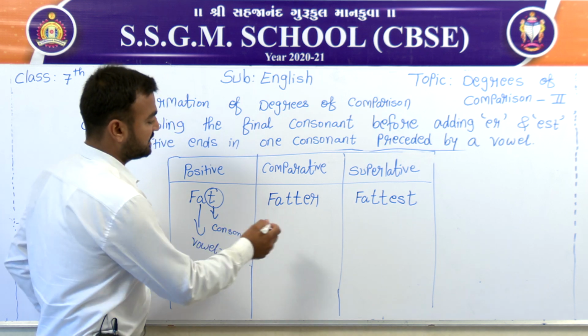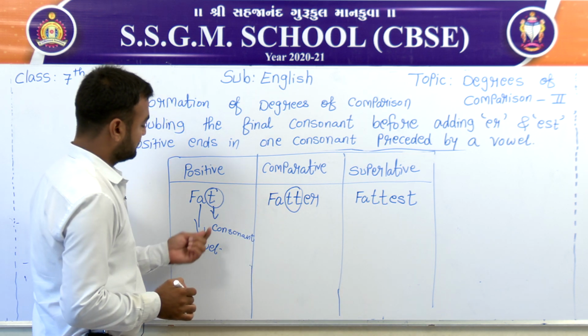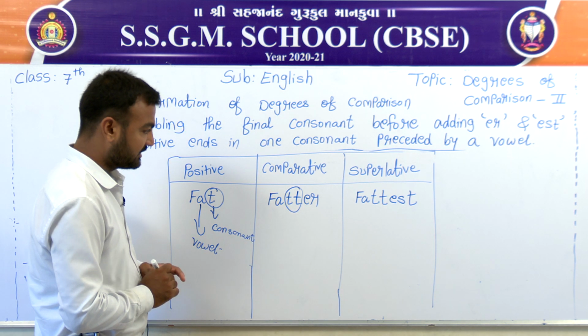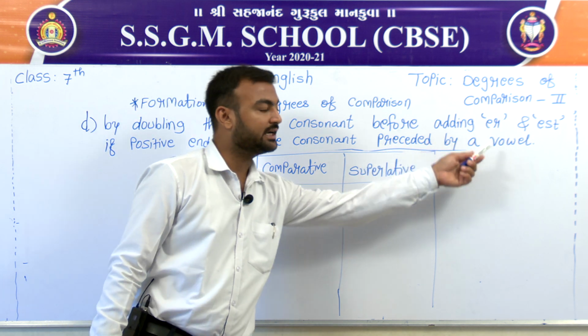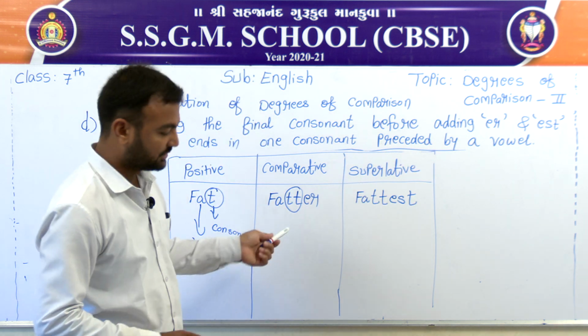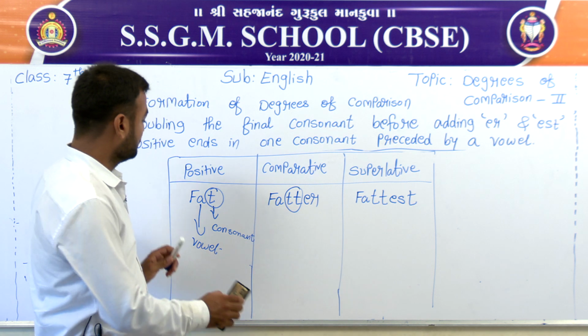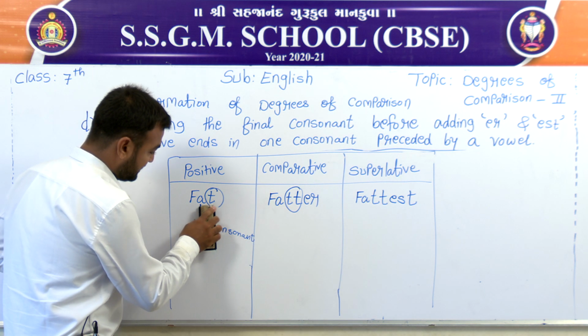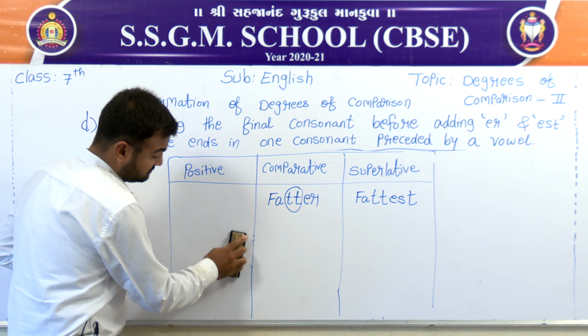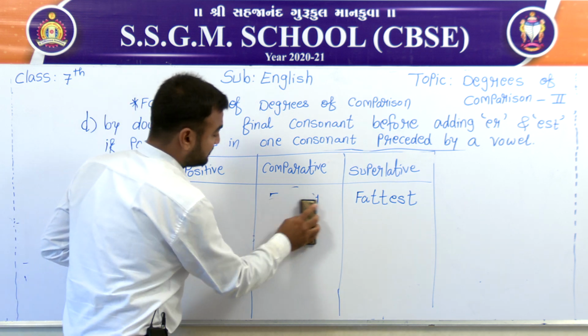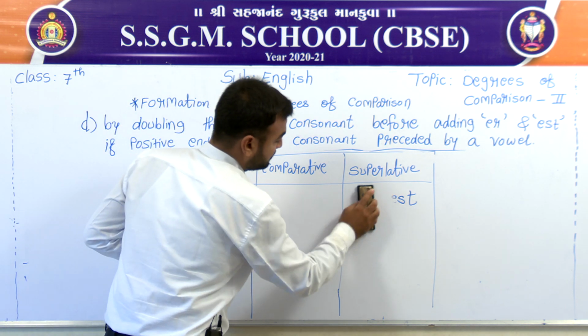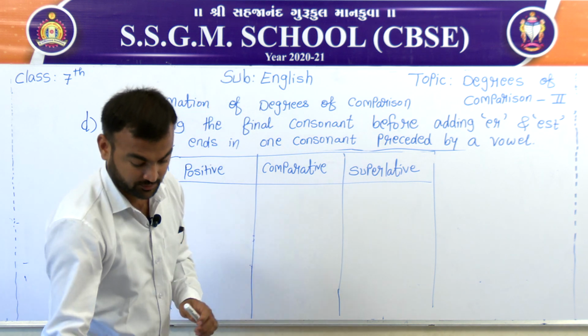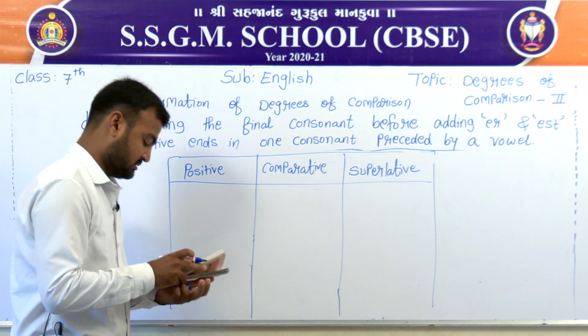What I do is I double the last consonant letter and then respectively we have to add ER and EST to the given degrees. So let me write certain questions in positive, means let me write.